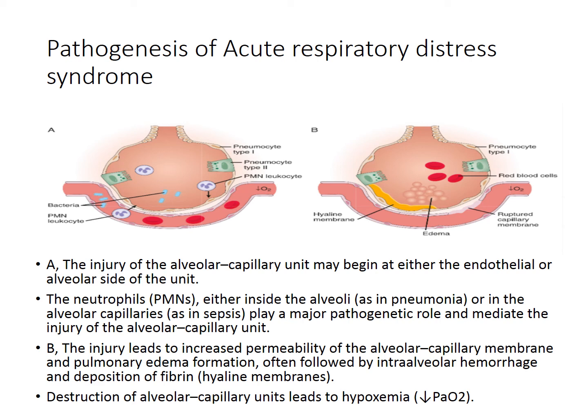Picture B shows the injury leading to increased permeability of the alveolar capillary membrane and pulmonary edema formation. This is often followed by intra-alveolar hemorrhage and deposition of fibrin, causing the hyaline membrane. The destruction of alveolar capillary units leads to hypoxemia.